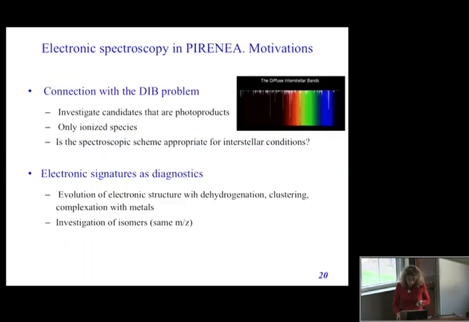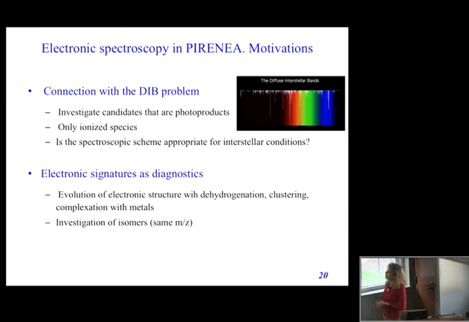Okay, so now I go to the experiment. The motivation, well, we heard from Tim already that one motivation of this experiment is the connection with the DIB problem. So in our experiment, what we think we can do is investigate candidates that are photoproducts, which might be good candidates for the DIBs. But we can work only on ionized species because of the trapping.